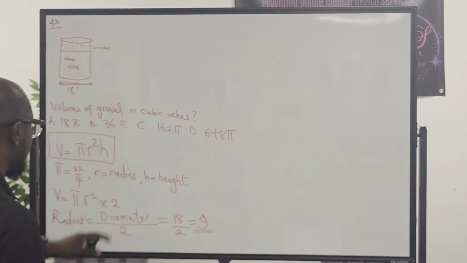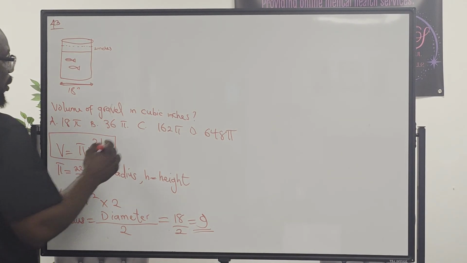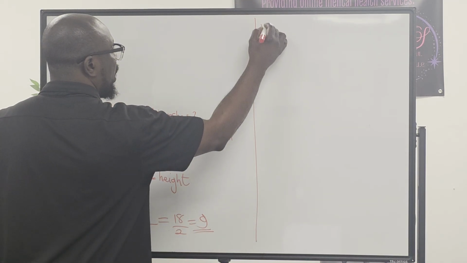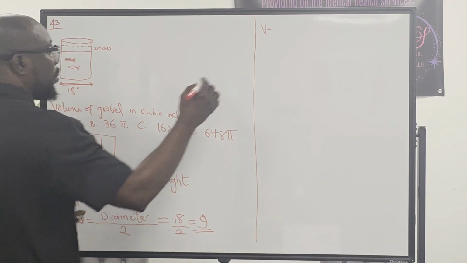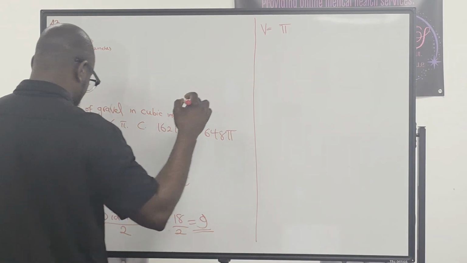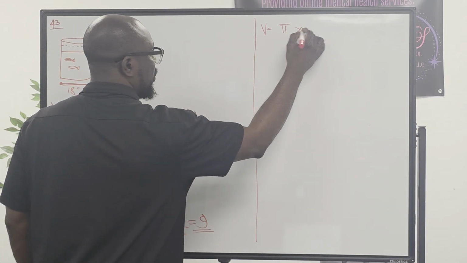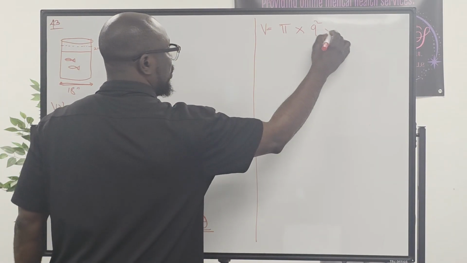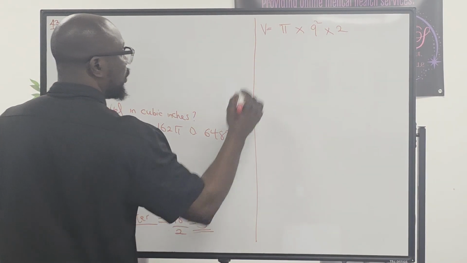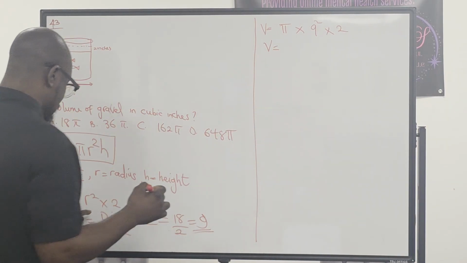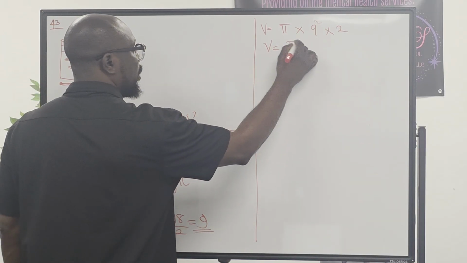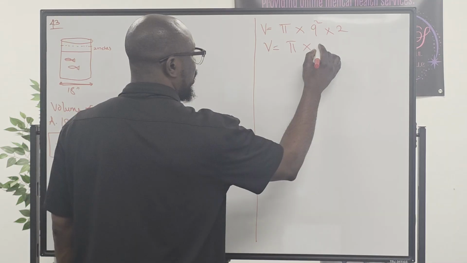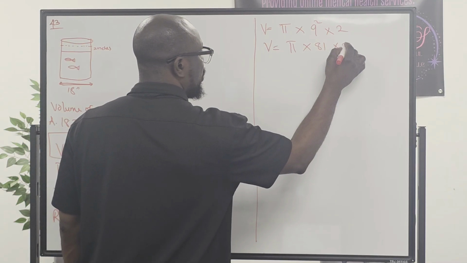So now we can plug 9 in here, so to solve for the volume, V becomes pi times 9 squared times 2. So V is equal to pi, 9 times 9 is 81, times 2.